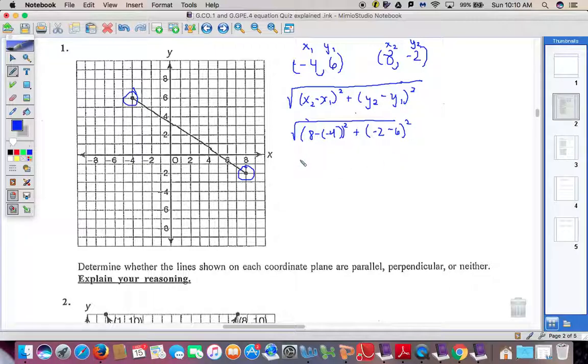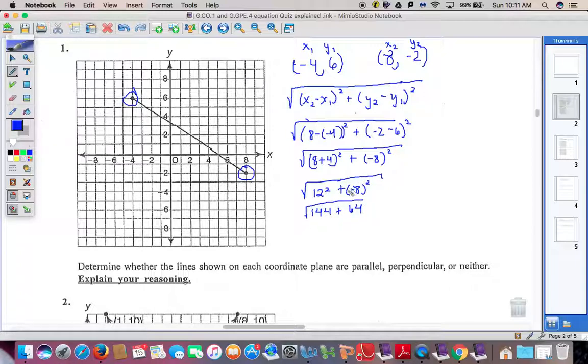If I simplify, I have 8 minus -4 is 8 plus 4, which is going to be 12 squared. And then I have -2 minus 6 is -8 squared. Okay, now 12 squared is 144. And -8 squared is -8 times -8, which is +64.